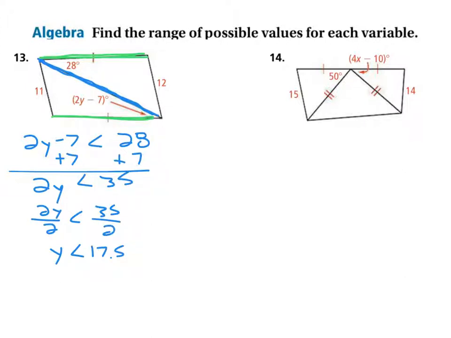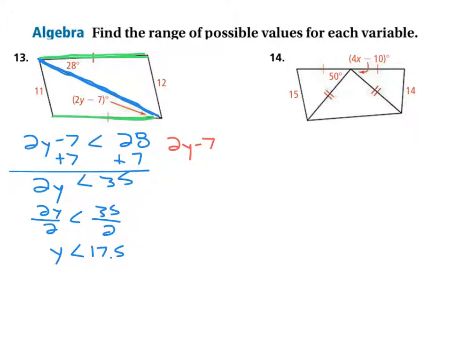Now, we also know this, and this should be intuitive. We know what the upper end is: the value of y has to be less than 17.5. But we also know that the whole expression, 2y minus 7, has to be equal to a positive angle. 2y minus 7 can't equal something negative.